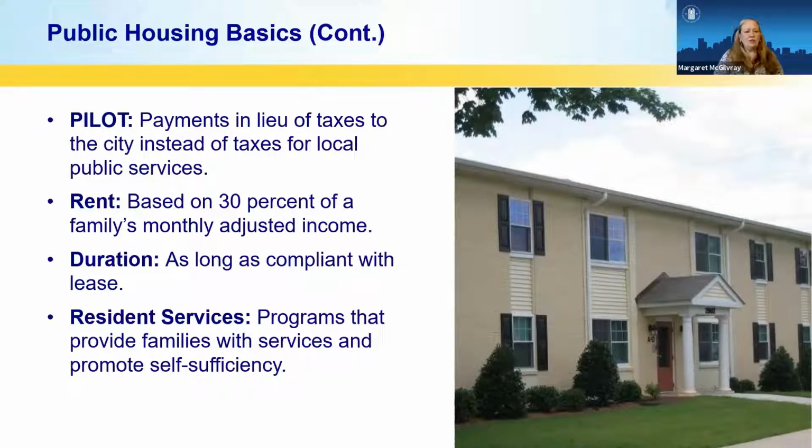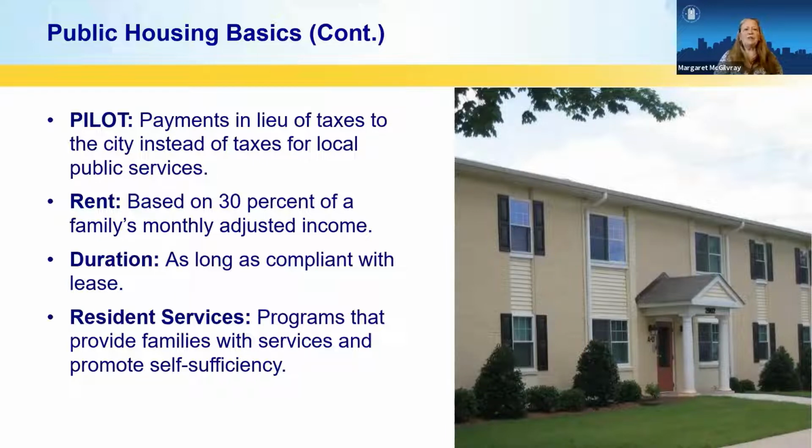So how is the rent determined? I touched on this a little bit in the previous slide, but the rent is referred to as the total tenant payment, or TTP, in this program, which is based on the family's anticipated gross annual income, but with some deductions, such as medical deductions for families headed by an elderly person or a person with disabilities, families with children, and there are a number of other deductions that then bring that number down to the TTP.